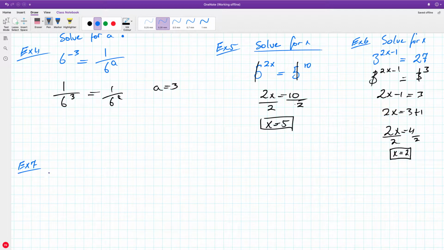Right, we go with this. 16 to the power of x plus 1 is equal to 32.